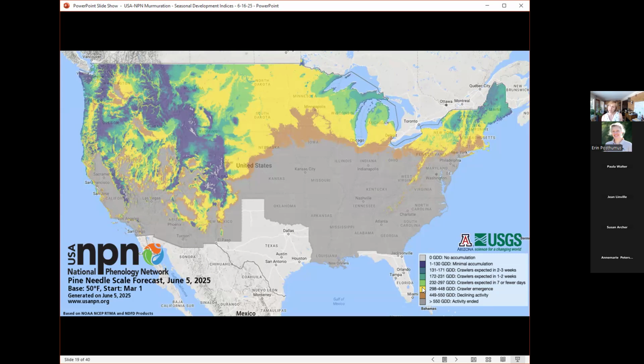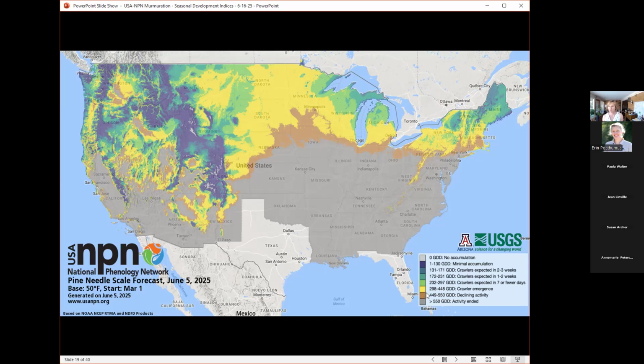The zones that are shaded yellow are locations that have received between 298, which is basically 300, and almost 450 growing degree days. So those are locations where organisms have been exposed to sufficient warmth but not so much that the insects have begun to move into their next life cycle stages.